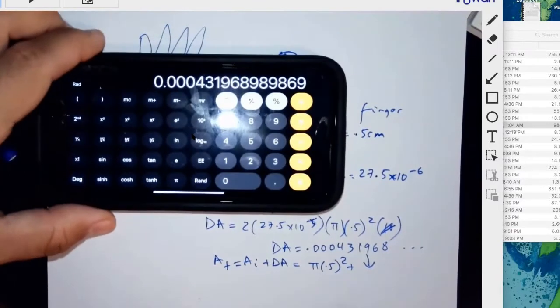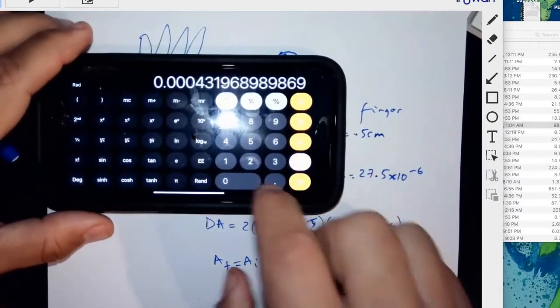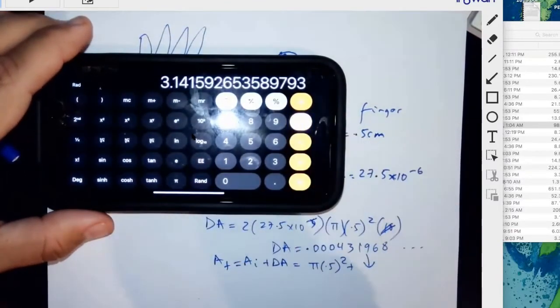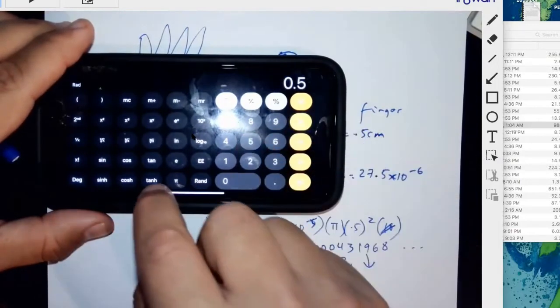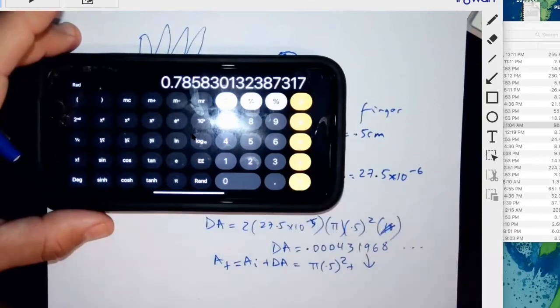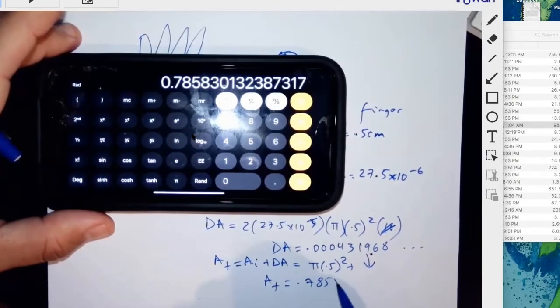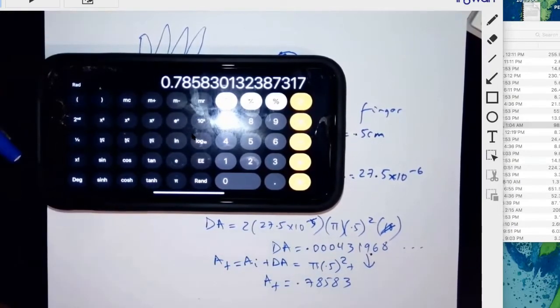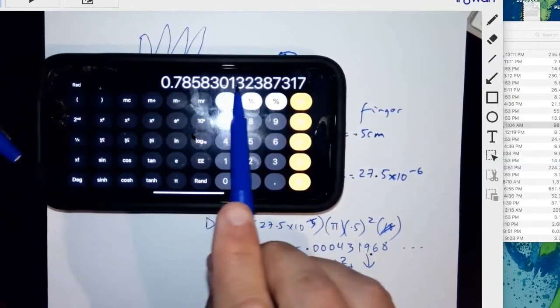So I add the delta A to the original area, pi times 0.5 squared, and my final area comes out 0.78583. Notice that I'm not even rounding. I'm just writing it like this, but I'm using the original value here.